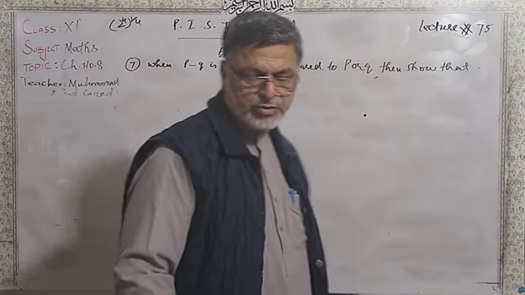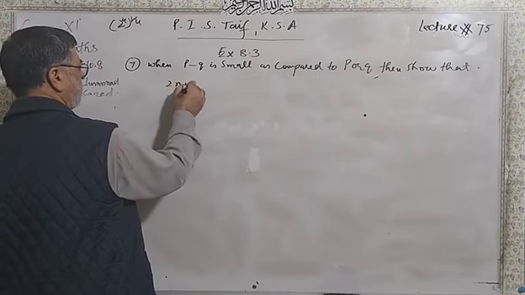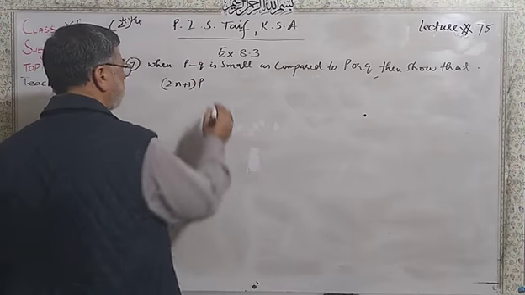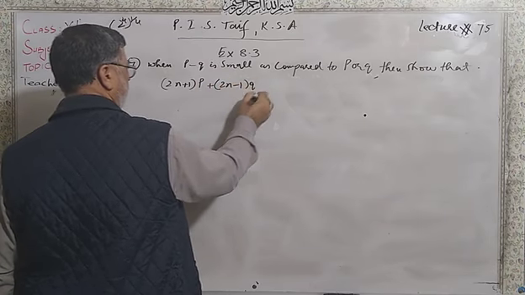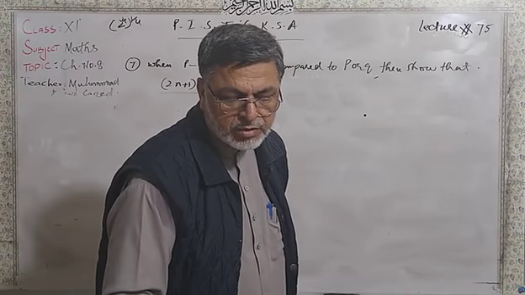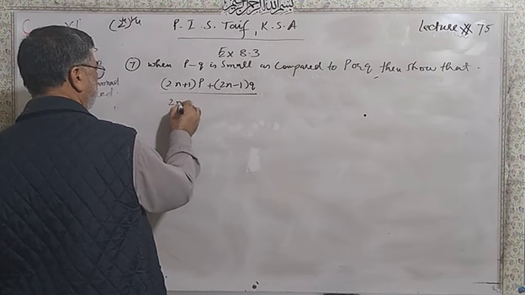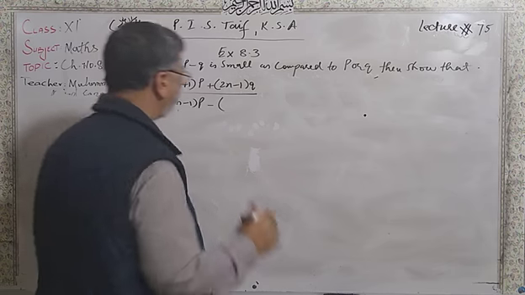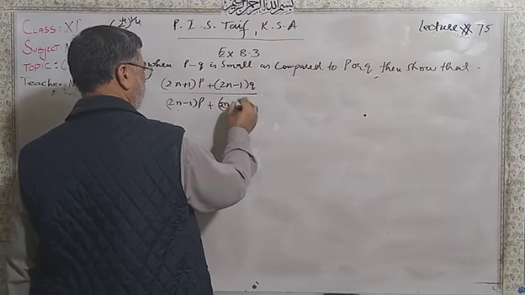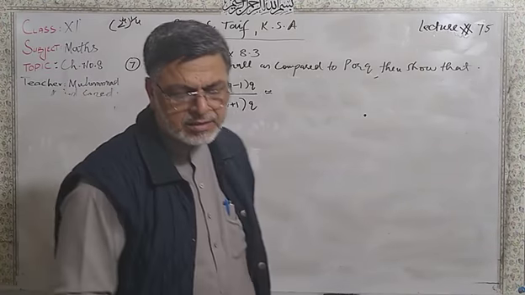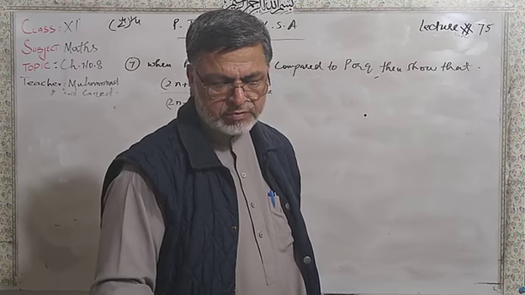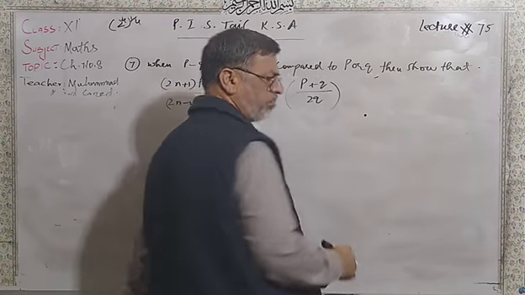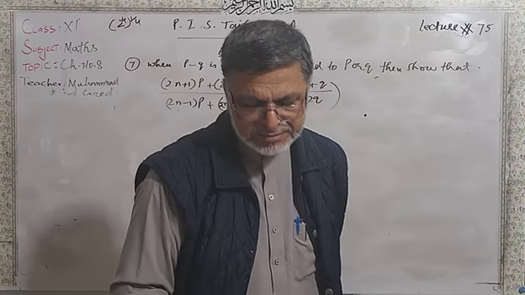(2n plus 1) into P plus (2n minus 1) into Q, over (2n minus 1) into P plus (2n plus 1) into Q, is nearly equal to (P plus Q over 2Q) whole power 1 over n.